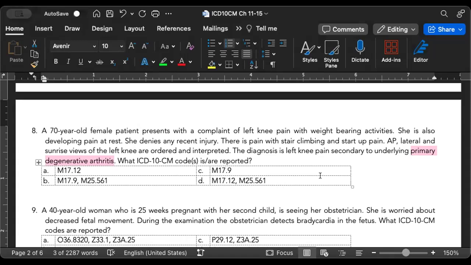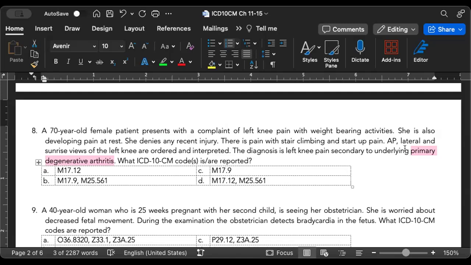Okay. So if we have arthritis, are we expected to have joint pain with that arthritis? Do we think that's a typical sign or symptom of the arthritis? Right. So our guidelines tell us that if we have signs and symptoms that are an integral part of a condition, then we should only code the condition and not the associated signs and symptoms.